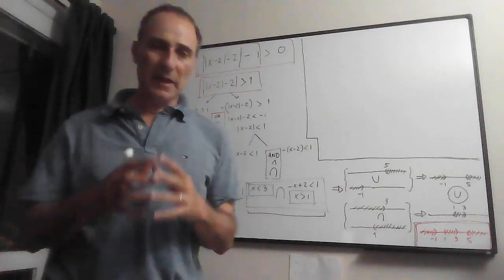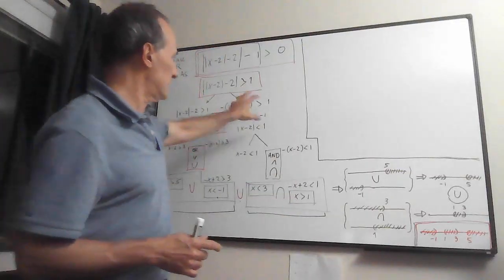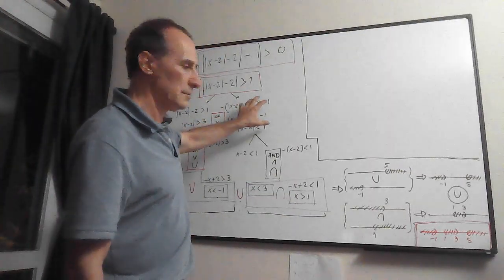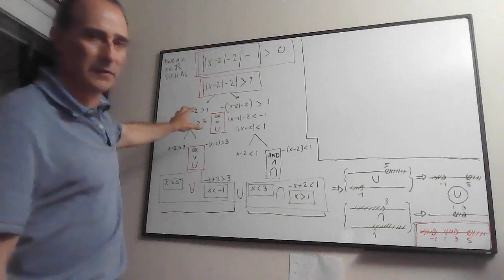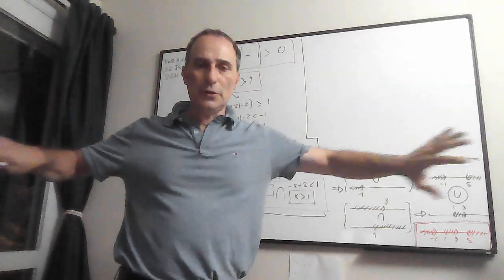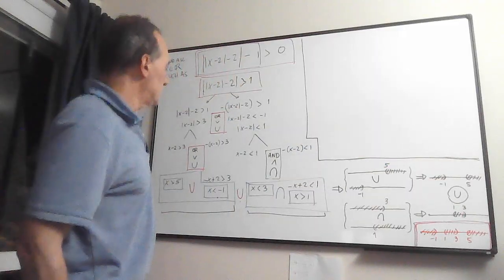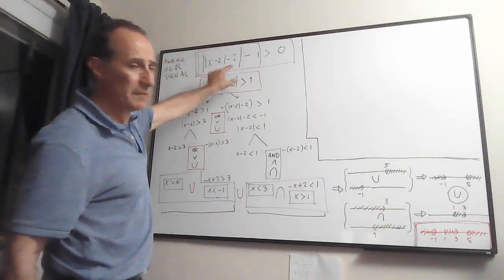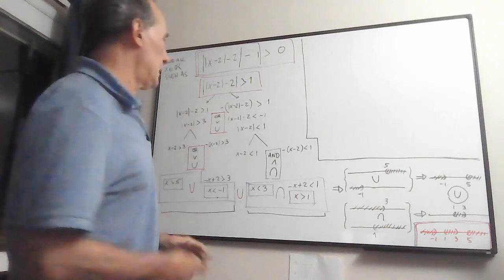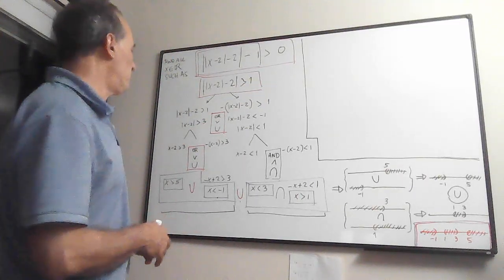If the x value that you found satisfies the second condition, it is okay. If it satisfies the first condition, it is okay as well. So this is the union of two separate intervals. That happens because it's the absolute value of something greater than a given positive real number.